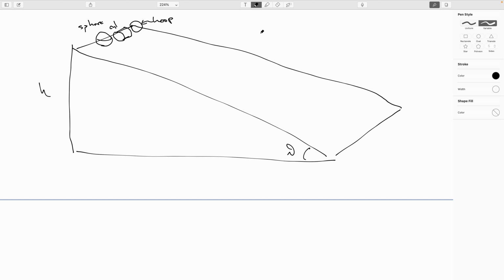And although it doesn't matter, as we'll see, let's just say they all have mass m and radius r. So then the question is, who gets down there quickest? So go ahead and pause the video and give me your ranking of how you think the order of finish is going to go.